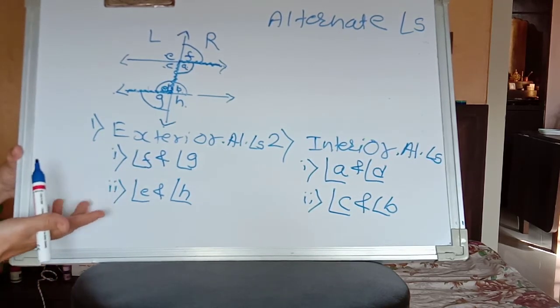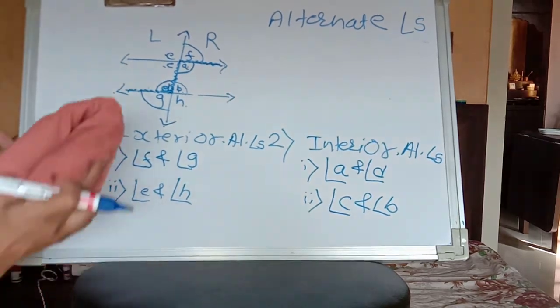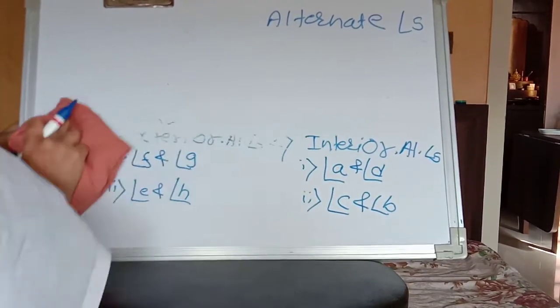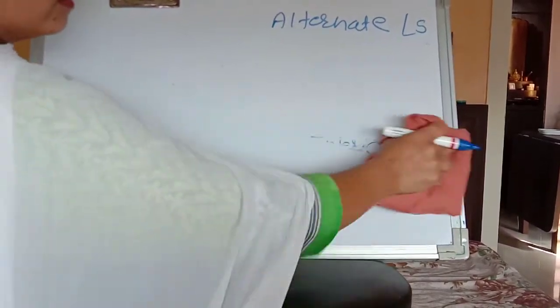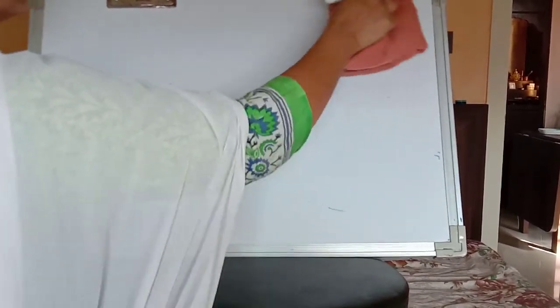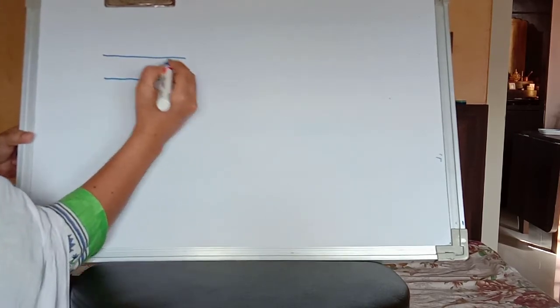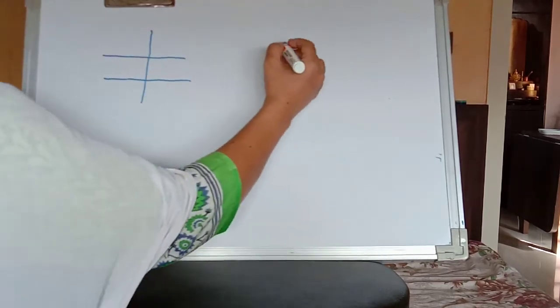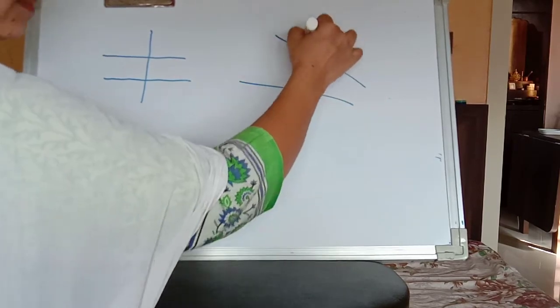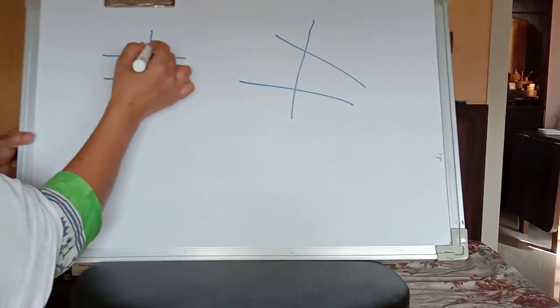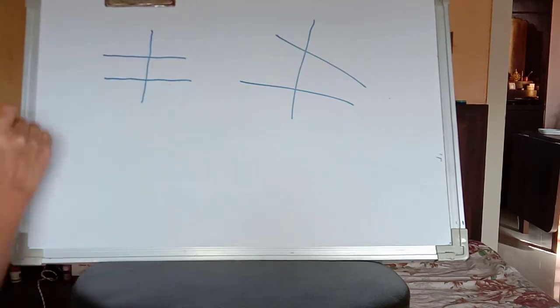You will understand. Now one more thing which I would like to tell about these angles. Look very carefully, okay? These are two parallel lines which I have drawn, and this is a transversal. These are not parallel lines, but these are also cut by a transversal. Here also you have 8 angles, here also you have 8 angles.